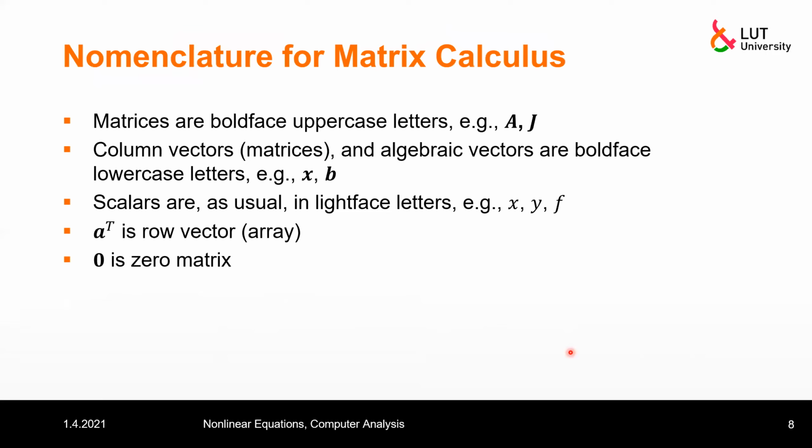So we start to talk about matrix calculus. The basic nomenclature is that we'll use boldface letters to differentiate between matrices or vectors and scalar values. Boldface uppercase letters will be used for matrices, which are arrays of dimension 2.